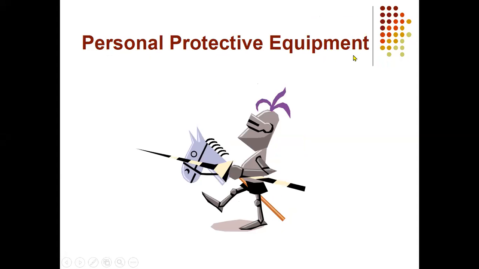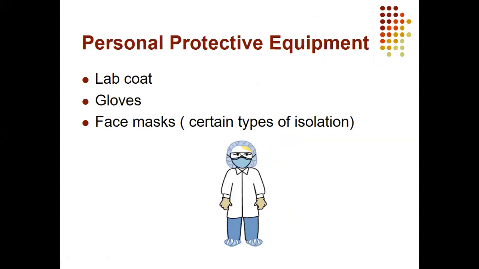Personal protective equipment which is required by the phlebotomist, in this era of new pandemic, we have to be very careful because it is spreading and is very contagious. So every phlebotomist has to be very careful when dealing with the patient.